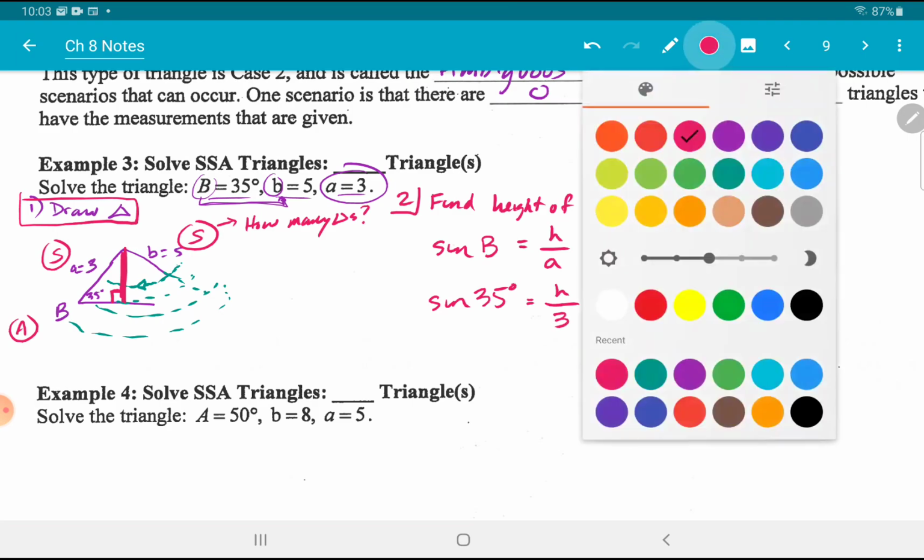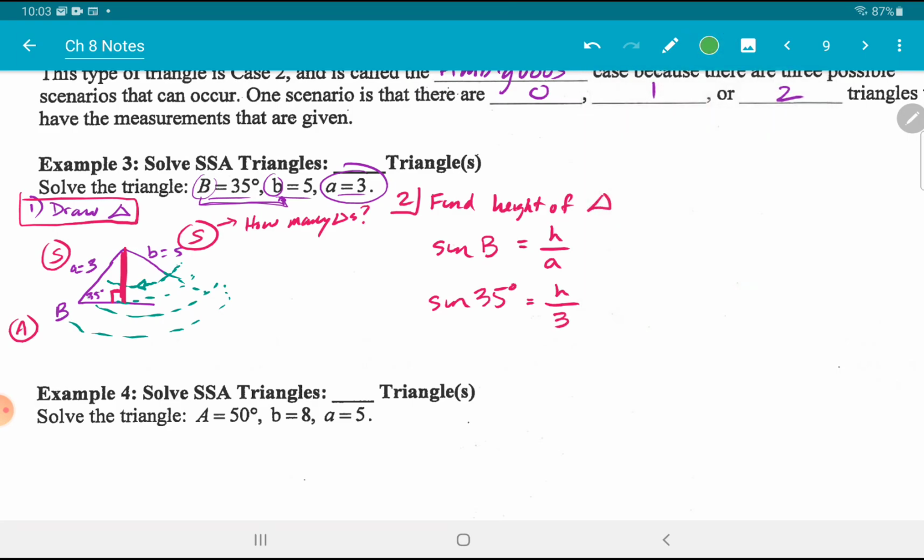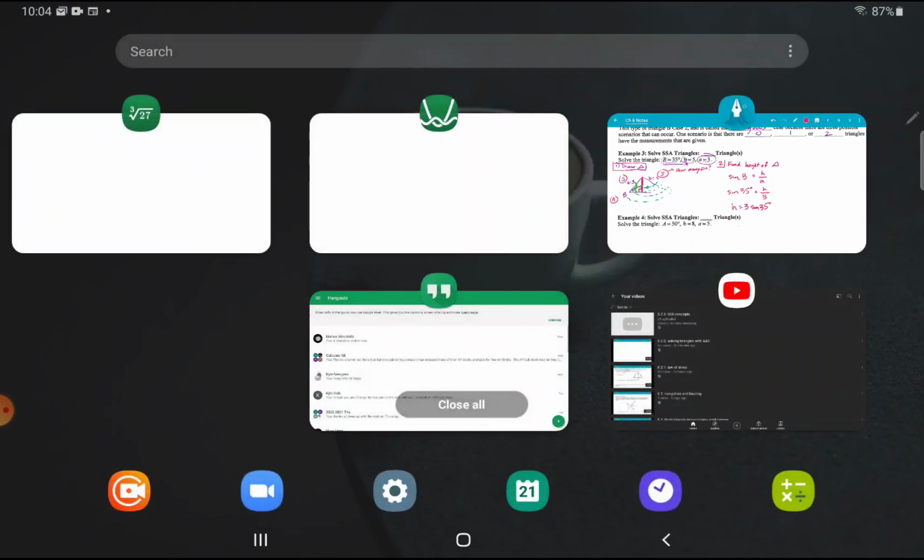Let me do that again in a different color so you can see it. I'm looking at this angle 35 here, and I need to find the height, so I'm doing opposite over hypotenuse. Sine of 35 is equal to h over 3. That shows me that the height is equal to 3 sine 35 degrees. Let's find out what that value is.